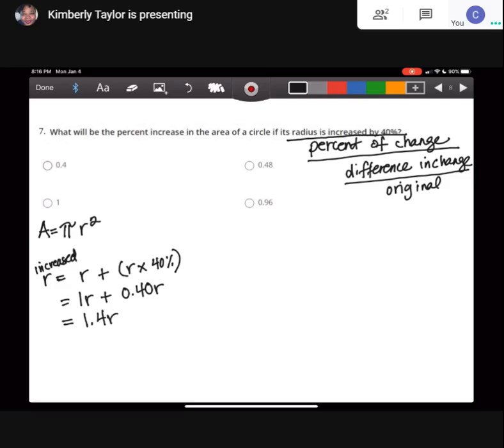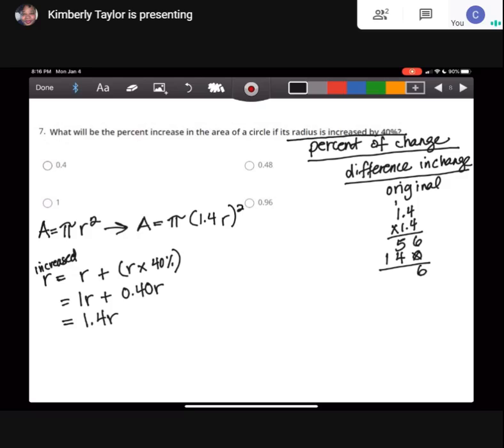So now your formula goes from this to A equals pi times 1.4 r squared. Okay, so what is 1.4 times 1.4? 1.4 times 1.4 is 16, and then 5, placeholder, this is 4, 1.